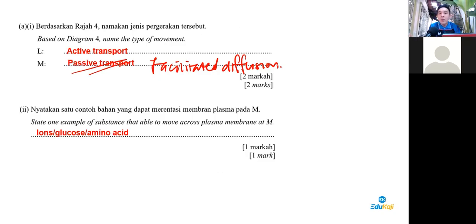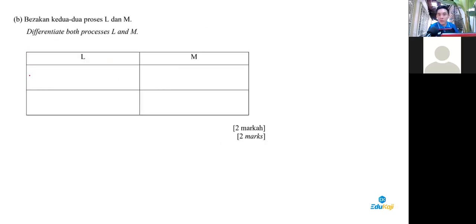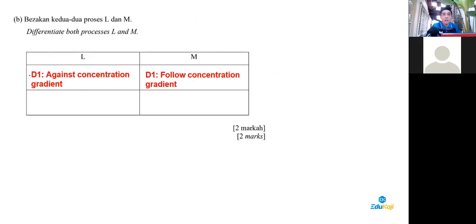Normally when it comes to these two, they will ask to compare. Next up for B, we have to differentiate L and M. Active transport is always a process whereby it has to move against the concentration gradient, and energy is required.